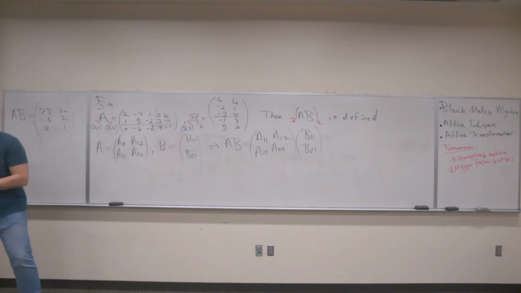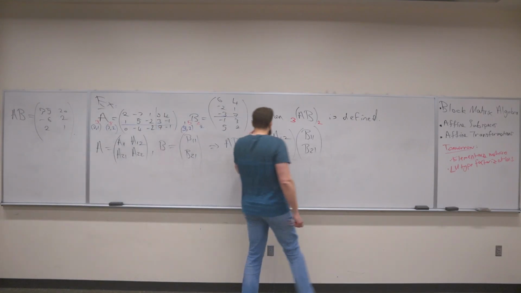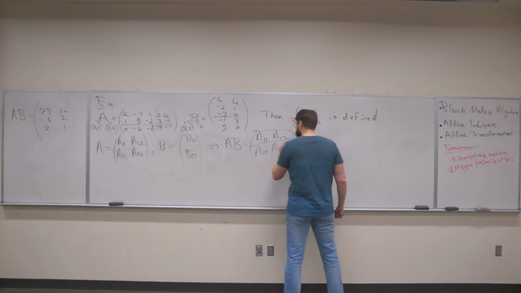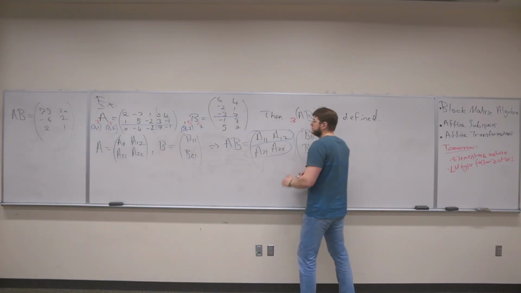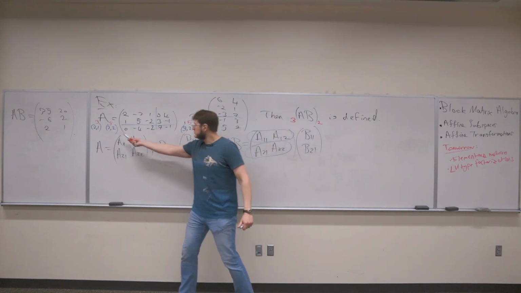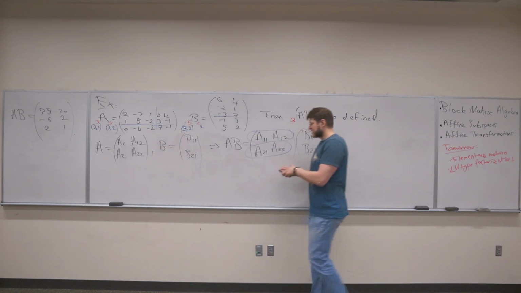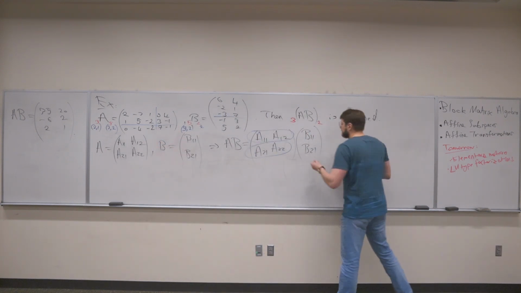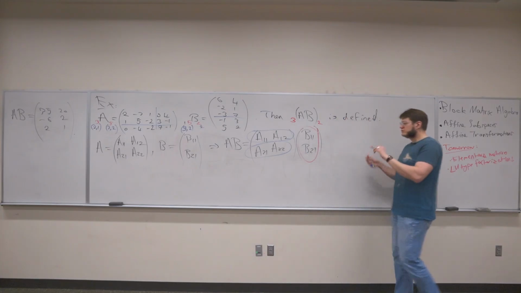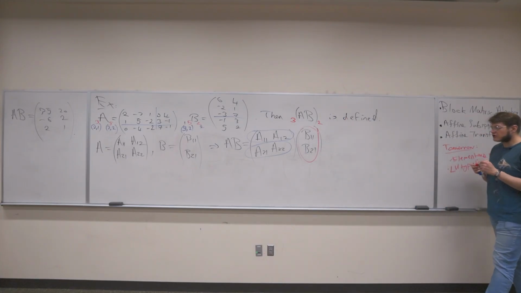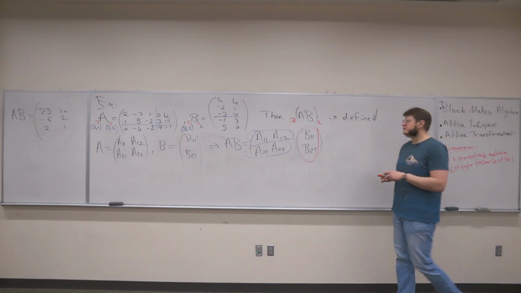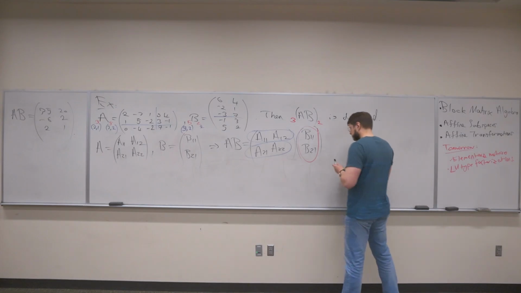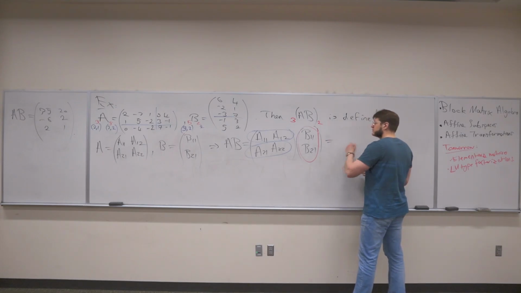That's what you say. Splitting the rows and columns in a compatible fashion like this essentially allows you to do what I'm going to do in a second. So you split the left matrix into block rows if you want, the right matrix into block columns, and then you multiply as if these are scalars.